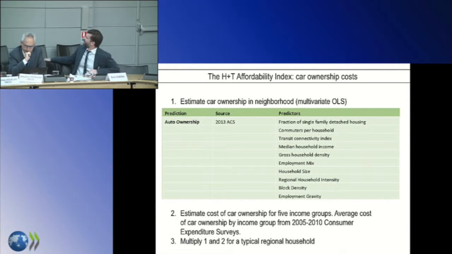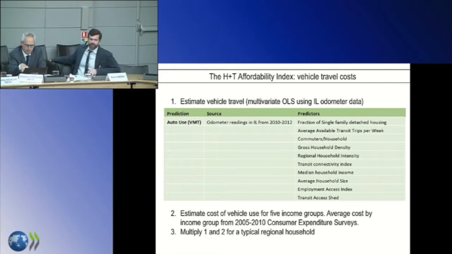transportation. The average costs of car ownership are also broken down by income group, and these are from the 2005 to 2010 consumer expenditure surveys, and then you multiply the first by the second to get an estimate of total costs. So how many cars on average do people have in a neighborhood, and how much does it cost to own a car? The estimate for vehicle travel is quite similar.